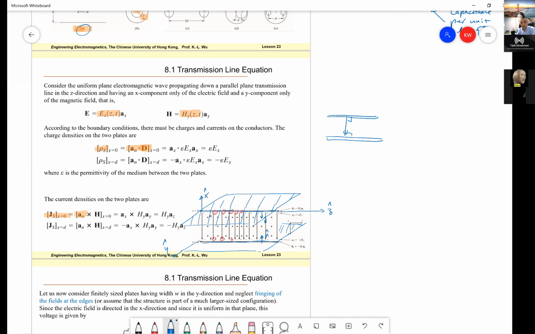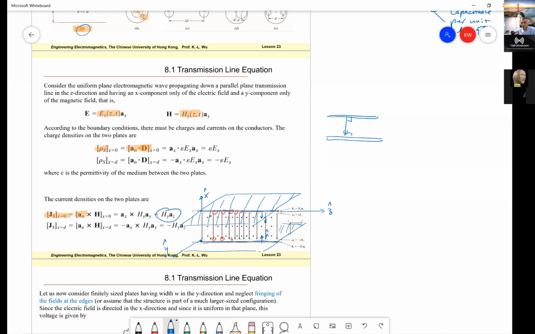This is when you are located at X equal to 0, that means at the lower conducting plane. But if you stand on the upper conducting plane, the normal direction is in the minus X direction.